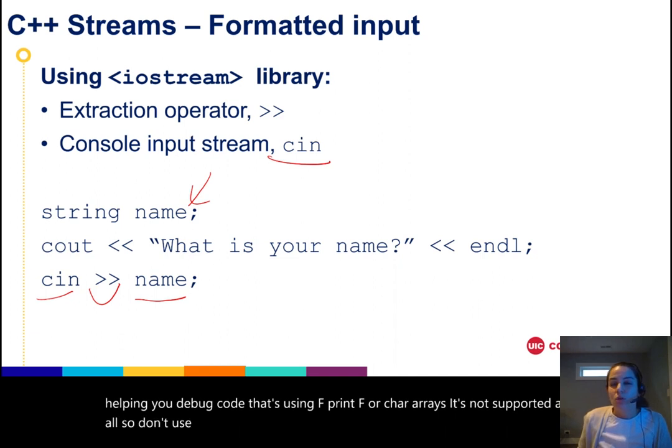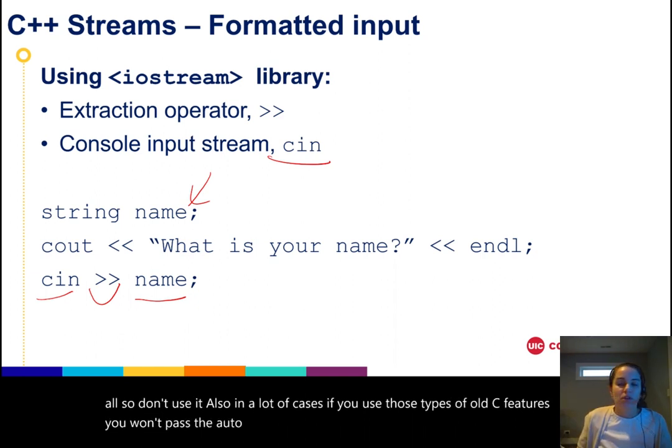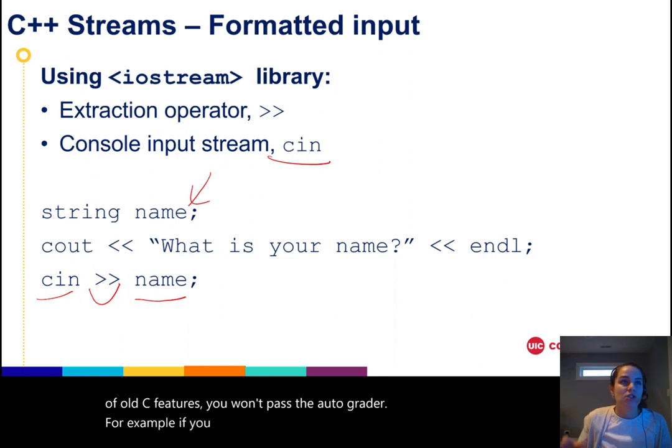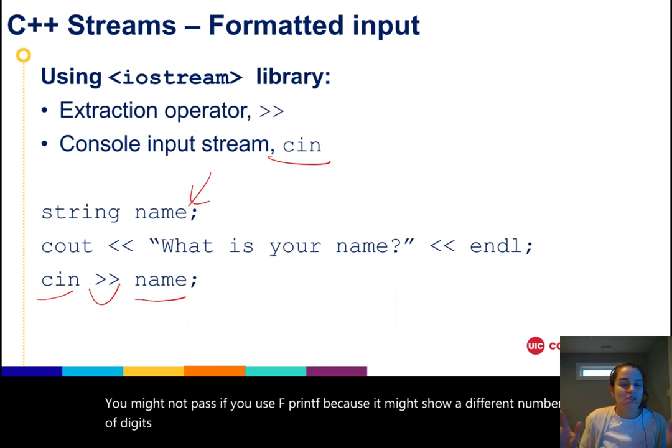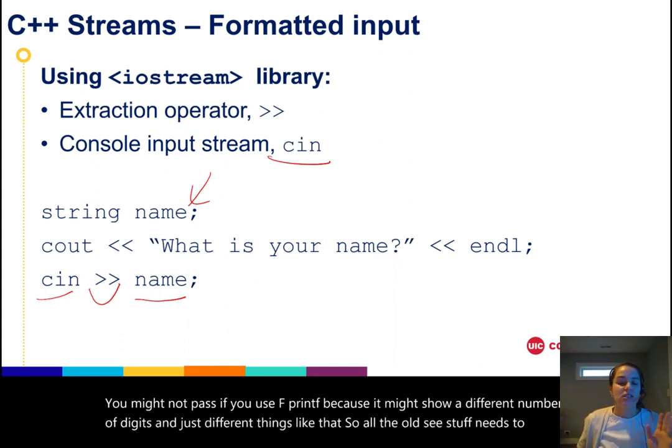In a lot of cases, if you use those types of old C features, you won't pass the autograder. For example, if you aren't using cout and you're printing a double to the screen, you might not pass if you use fprintf because it might show a different number of digits and just different things like that. So all the old C stuff needs to leave.